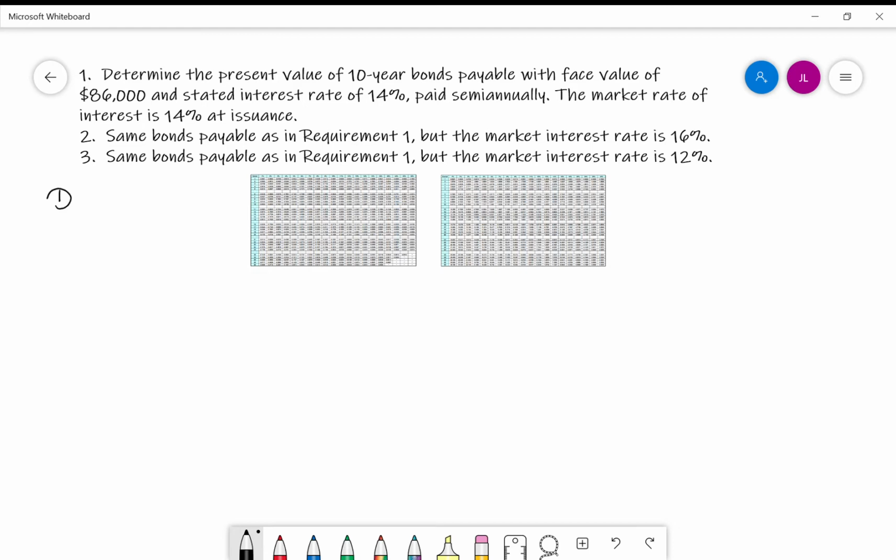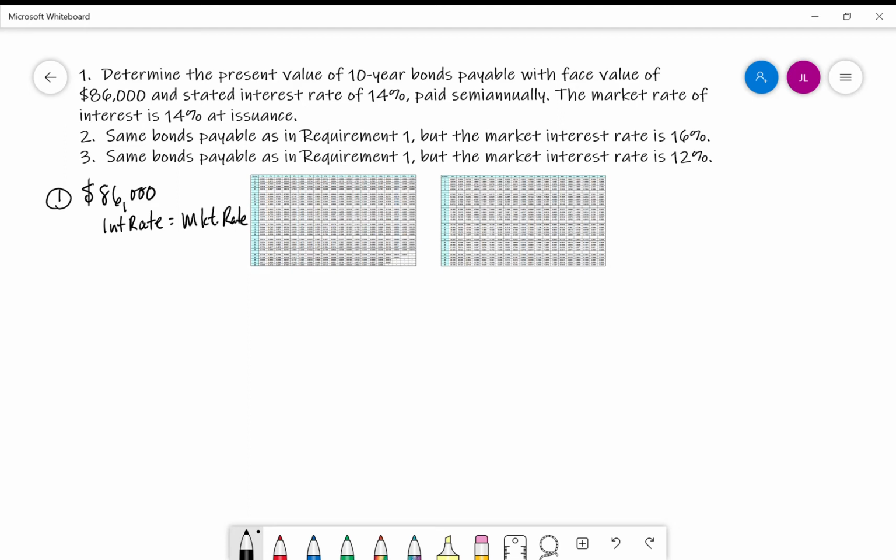So for number one, this is a pretty simple one. We're looking at $86,000 because the interest rate of the bond is equal to the market rate.